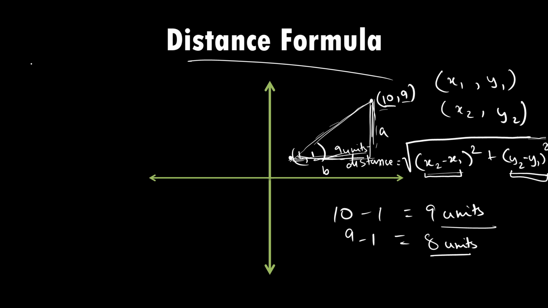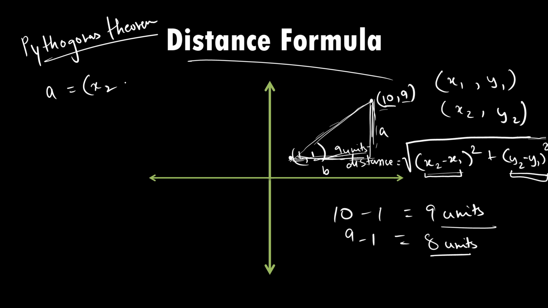So using A and B, again this formula came from the Pythagoras theorem. Using the Pythagoras theorem, we found that a is equal to x2 minus x1 and b is equal to y2 minus y1. Now we can find c. The formula states that a square plus b square is equal to c square.